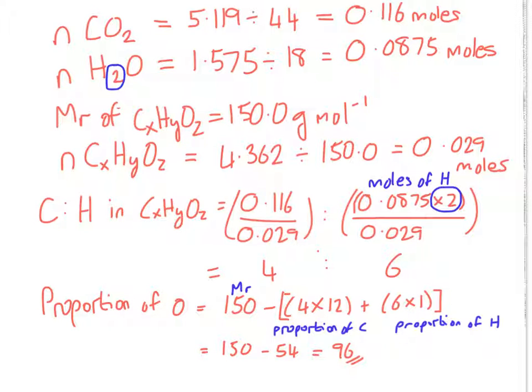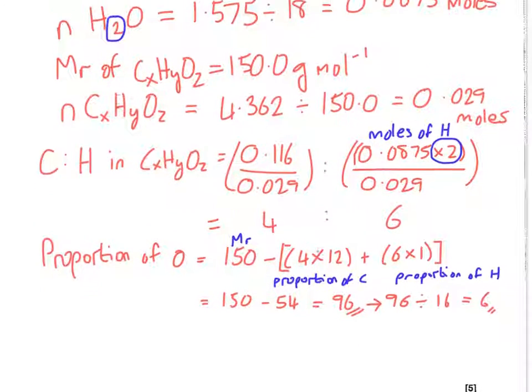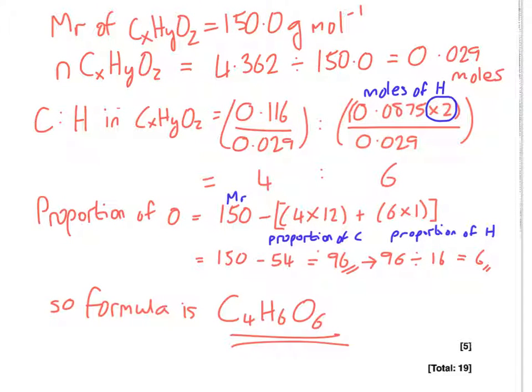To work out how many oxygens fit into 96, you divide that by 16, which gives us 6. Now we can apportion how many atoms of each element are in the CxHyOz. Bring down the page slightly to give us room to do that. That gives us C4H6O6.